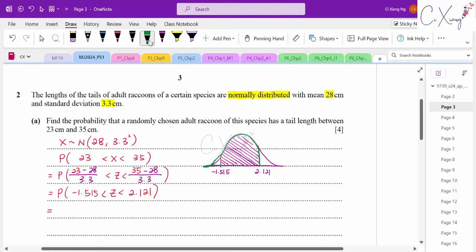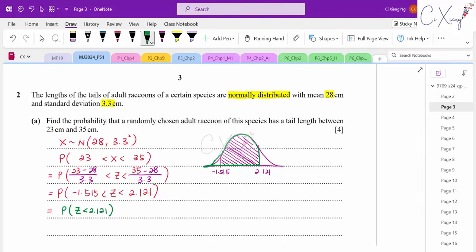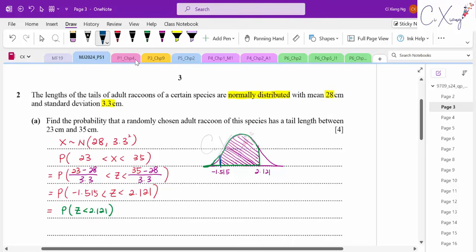So to write out this green color area in formula, right, in the step, in the symbol, it should be Z. I want to find the area Z smaller than 2.121. Okay, so this is whole green color area, but I only want to consider this shaded area as my final answer. Therefore, I need to minus this blue color area. I hope that you can see it.